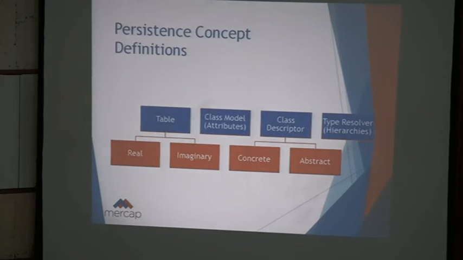These descriptors are objects you need to define when trying to map an object to a database. You need to define a class model, meaning the shape of the object, the things that you want to persist. Table, meaning you describe the table you are going to persist the object to, or tables.